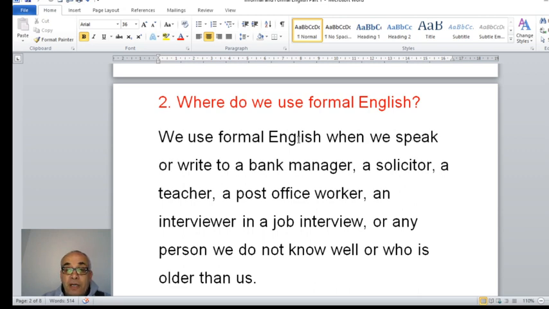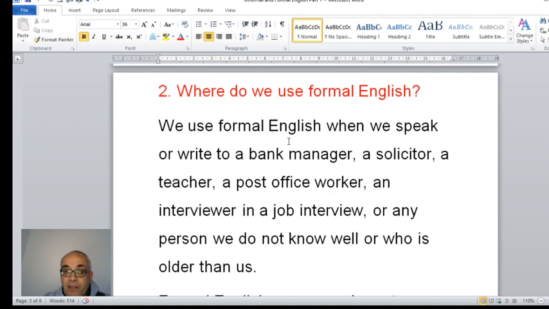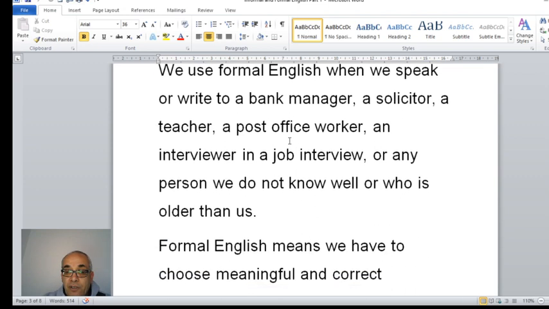We use formal English when we speak or write to a bank manager, a solicitor, a teacher, a post office worker, an interviewer in a job interview, or any person we do not know very well, or who is older than us, or a person who is a stranger. This is, if you want, a number of situations in which we use formal English.